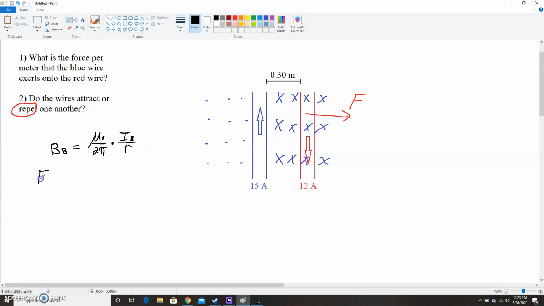Now, the force on the red wire is going to be equal to the magnetic field created by the blue wire times the current of the red wire times the length of the red wire times the sine of theta, which, since it's perpendicular, the sine of theta is 1.